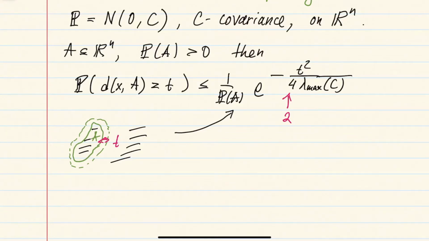But the main feature of this result is that you have this very fast decrease of the probability of the outside of the neighborhood of a set. This probability decreases exponentially fast, in fact, at an e to the minus t squared rate with some constant.